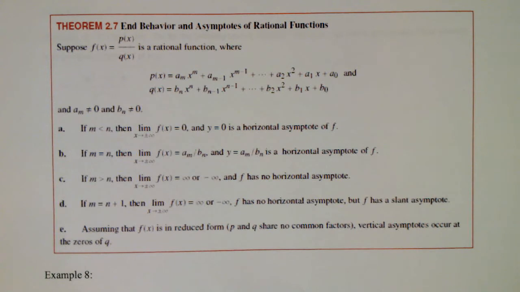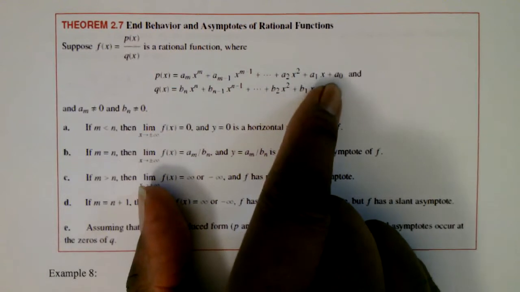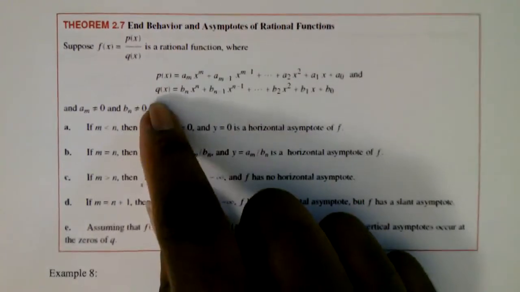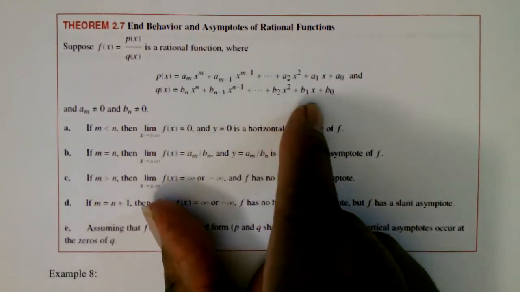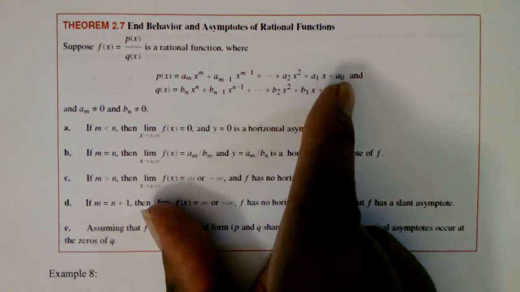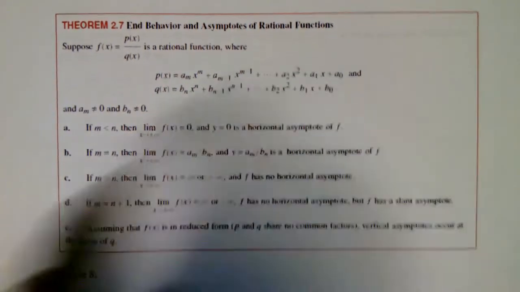All right, so suppose f of x is equal to p of x divided by q of x is a rational function, where p of x is all of this, written out as a polynomial function, and q of x is another polynomial function. In p of x, they use a's as their coefficients, and in q of x, they use the b's as their coefficients.